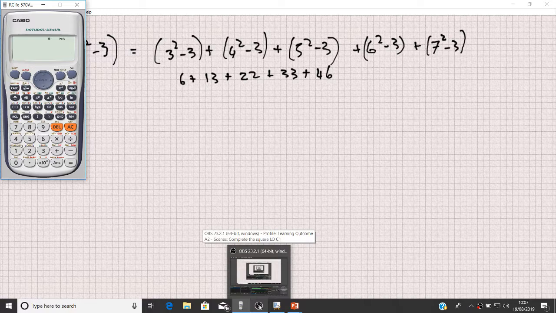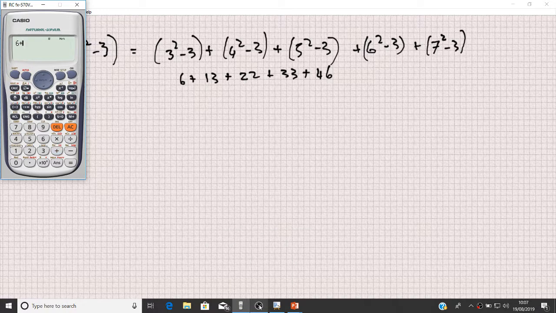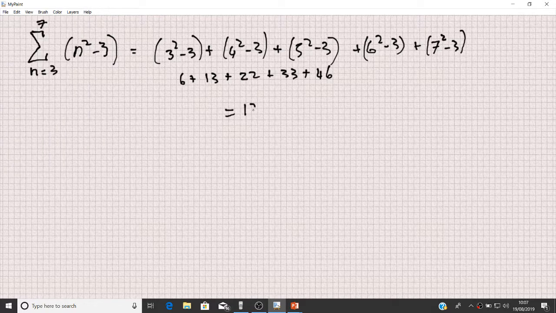So we have 6 plus 13 plus 22 plus 33 plus 46 equals 120. So that's the final answer on evaluating the series that we were given using sigma notation.